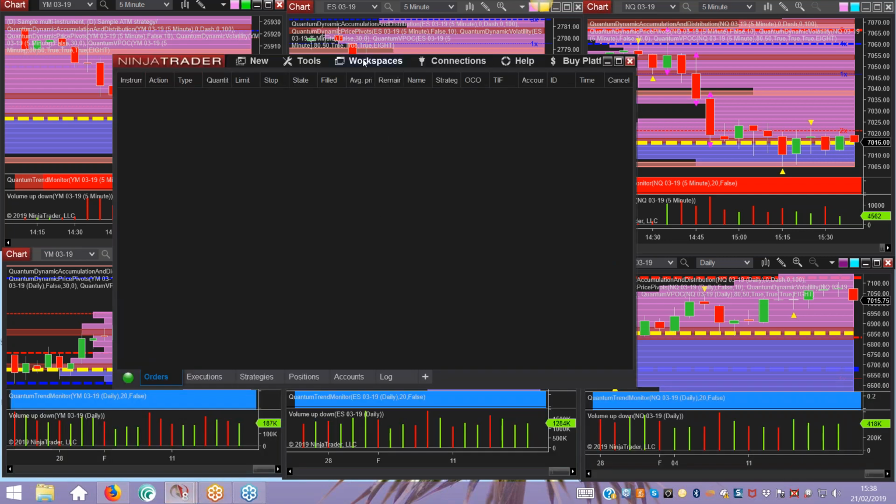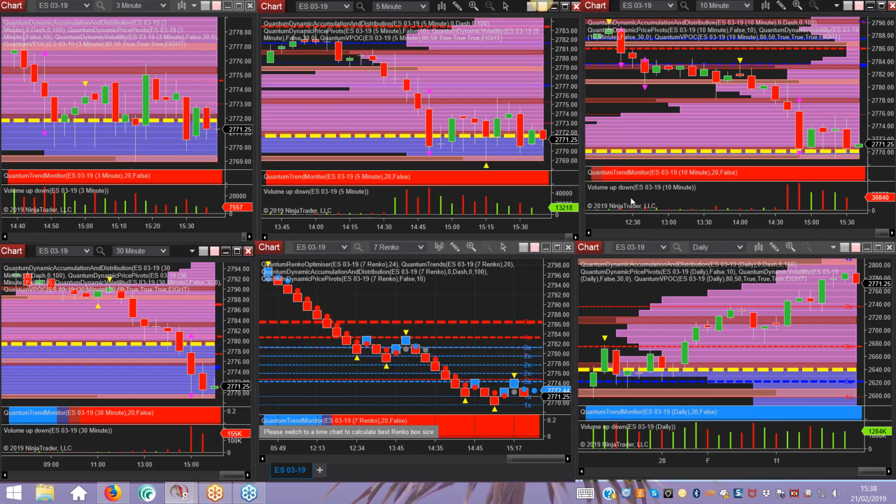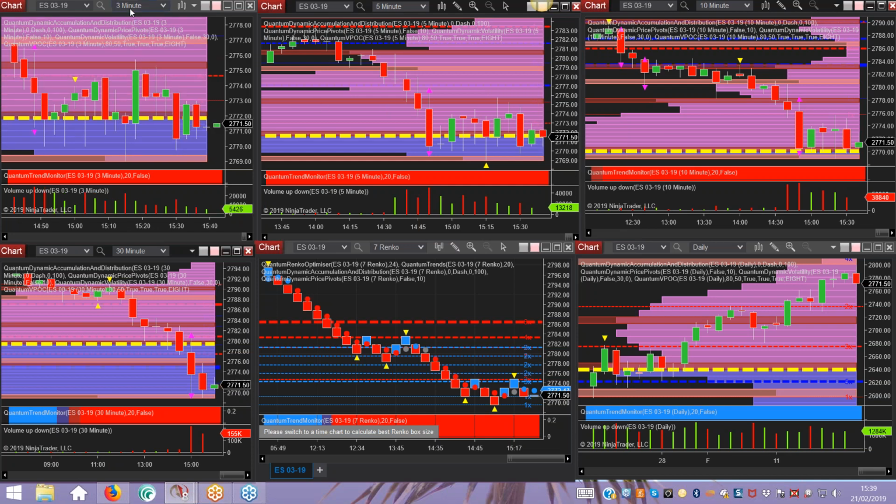Let's go back onto a single instrument workspace, which is this one. Now we're just down to the ES on the various time frames. We've got 3-minute top left, 5-minute in the middle, 10-minute on the right, and the slower 30-minute down here bottom left. Over here we've got the daily for the ES.